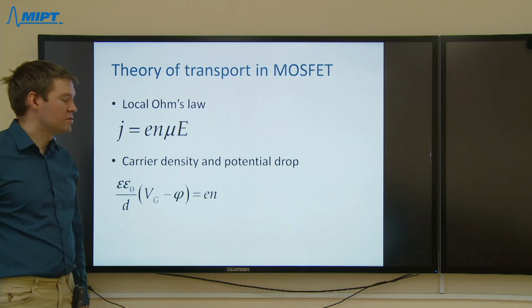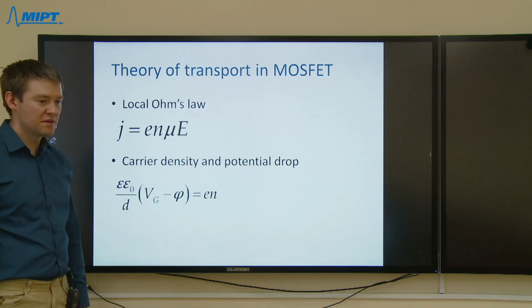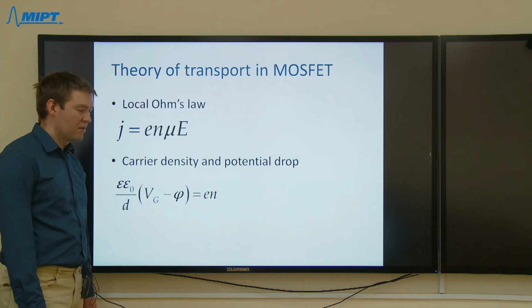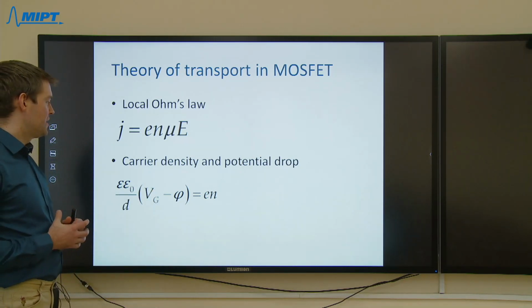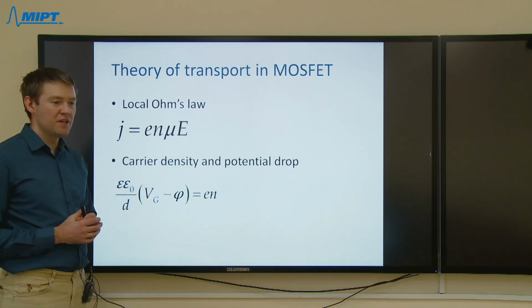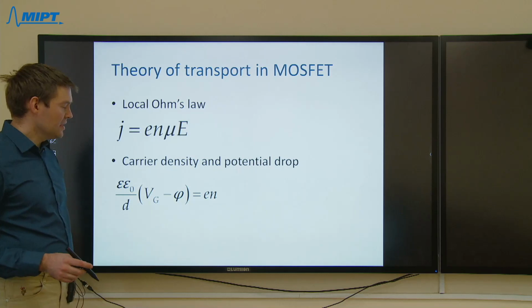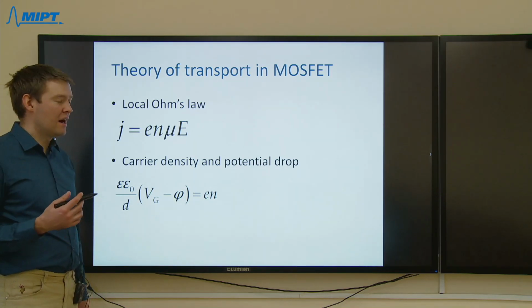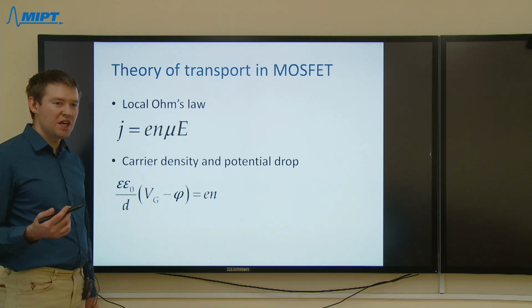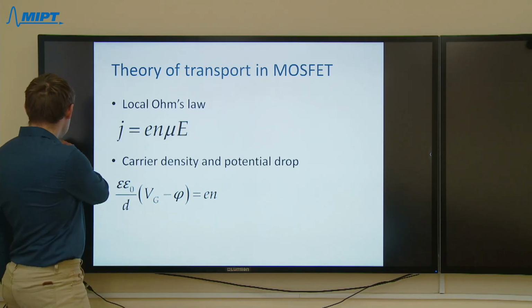We have tried to develop the most simple theory of field effect transistor, which is based on Ohm's law and on the solution of Poisson's equation in the simplest possible form. How can we describe the changes in resistivity when we apply gate voltage? This is quite simple.